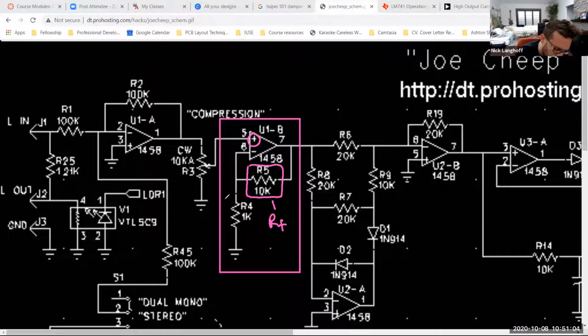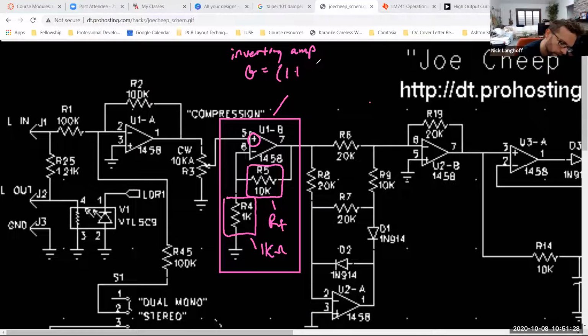There's a resistor tied down to ground. That's like the other resistor. This is a 1K, 1 kilo ohm resistor. And so that block there, that's a non-inverting amplifier with a gain of, the gain is 1 plus 10K over 1K, or a gain of 11 volts per volt.